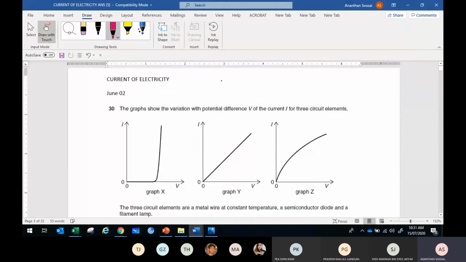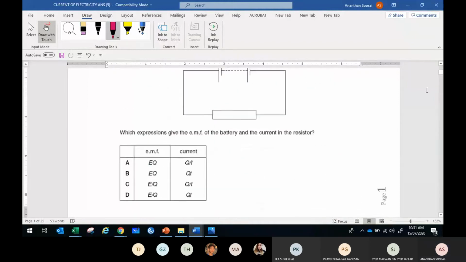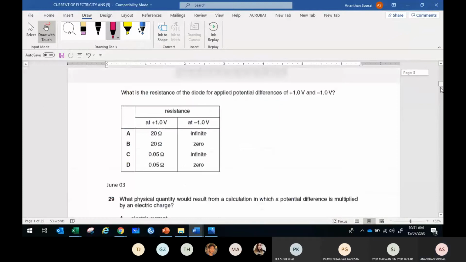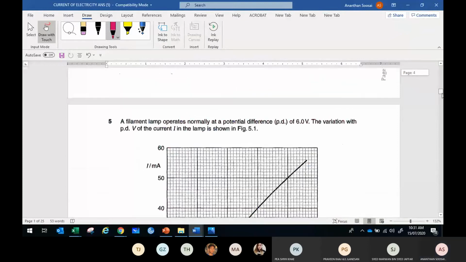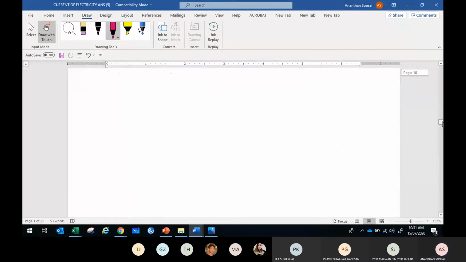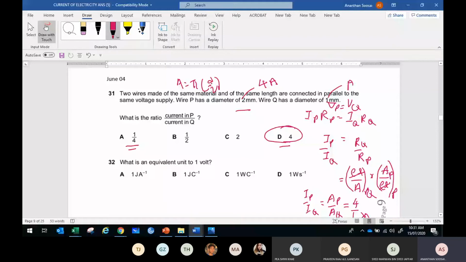When the d doubles, the area becomes 4 times bigger. That's a trap.